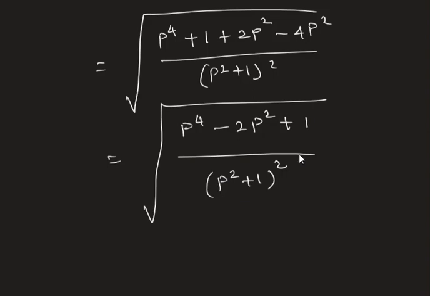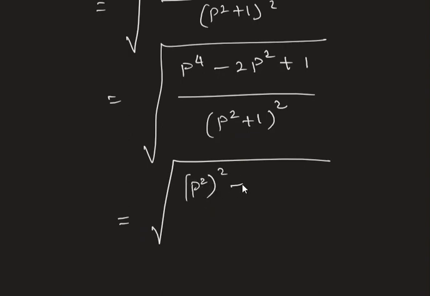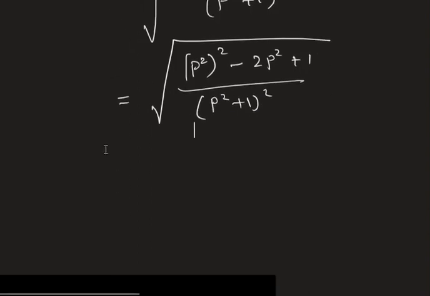Okay, now how we can go about, this is nothing but we can rewrite this p power 4 as p squared whole squared minus 2p squared plus 1 whole divided by p squared plus 1 the whole squared. Okay, now which is in the form of a squared minus 2ab, is it not?